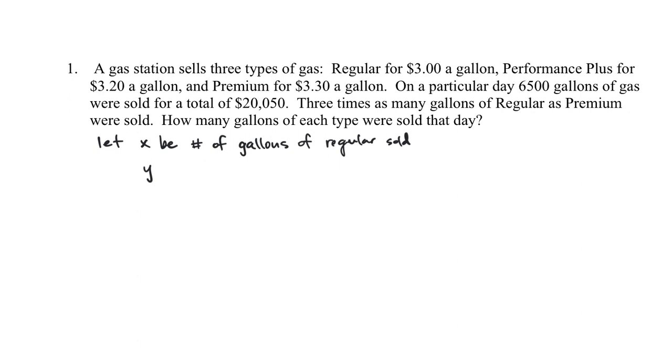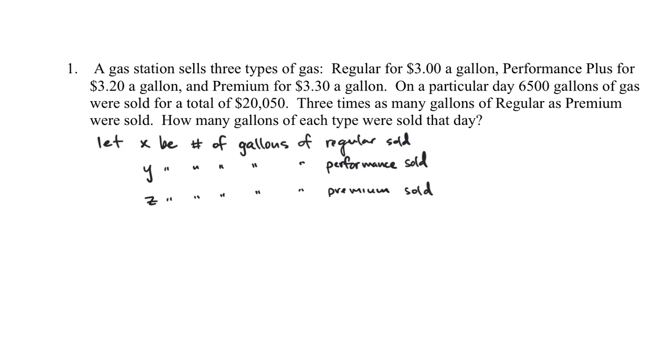We can let Y be number of gallons of performance sold on that particular day, and then Z be the number of gallons of premium sold on that day.